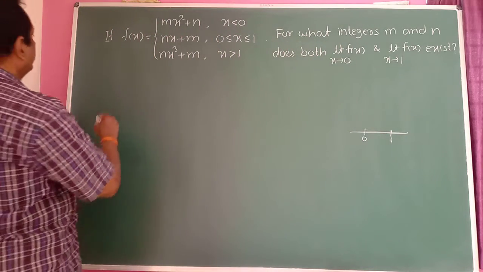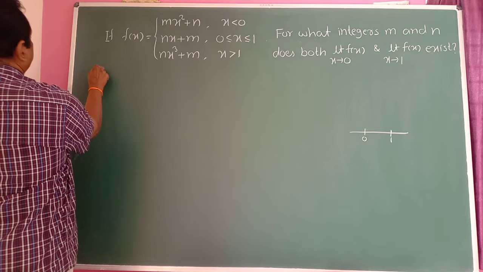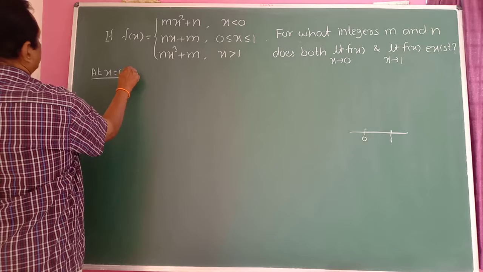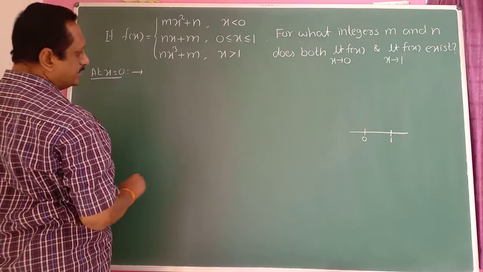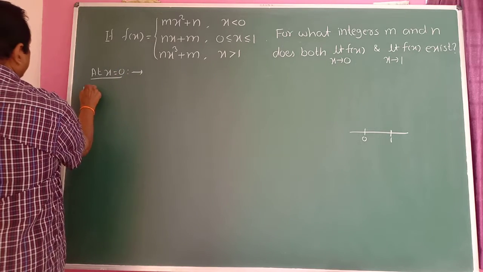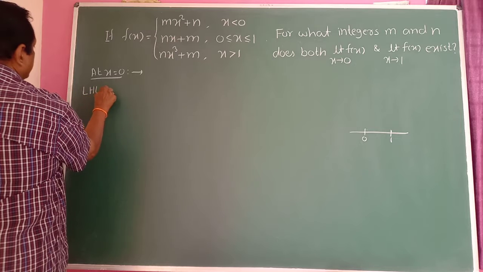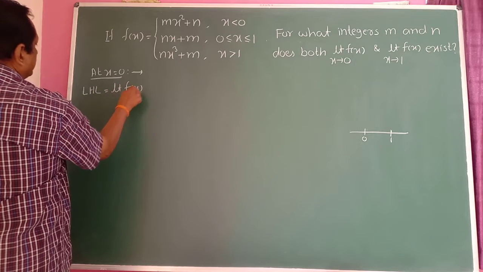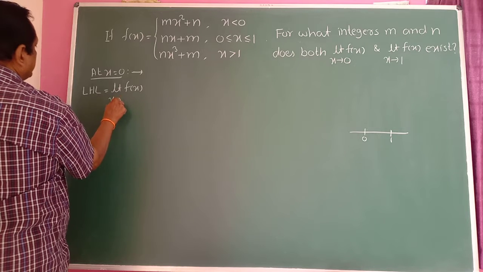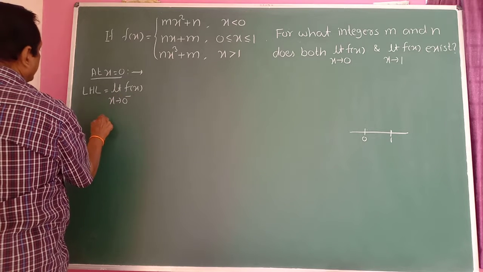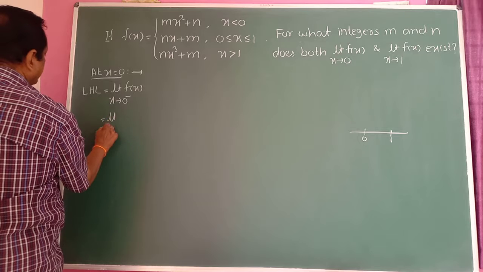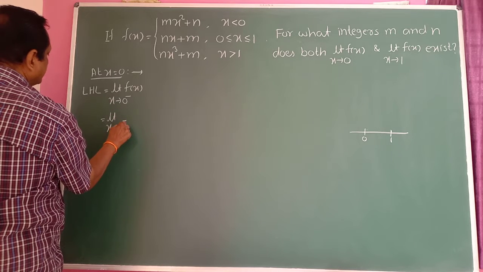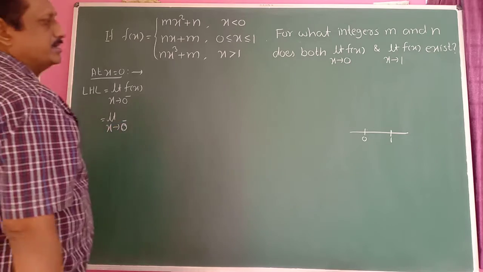Therefore, at x equal to 0, take LHL and RHL here. LHL is equal to the limit of f of x as x tending to 0 minus, which means x less than 0.